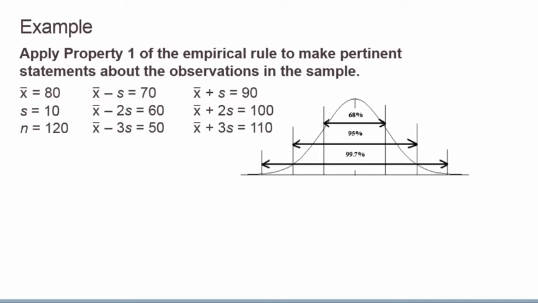Example: apply property 1 of the empirical rule to make pertinent statements about the observations in the sample. So we have our empirical rule with our 68, 95, 99.7%. From the previous information, we have that our mean is 80, our standard deviation is 10, our sample size is 120.